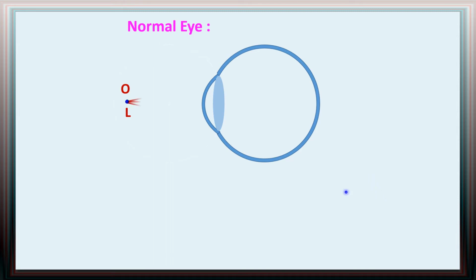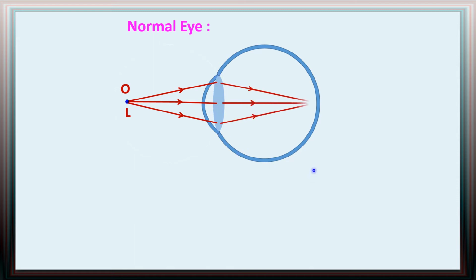So O is the point object. Here I am taking three incident rays falling on the eye lens. After refraction, the image will be formed on the retina clearly. So here is the image.